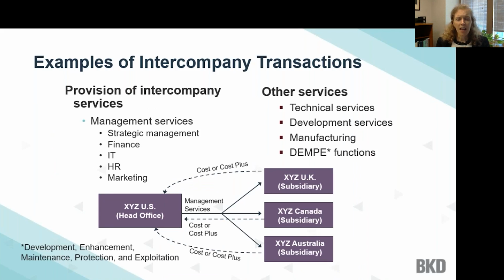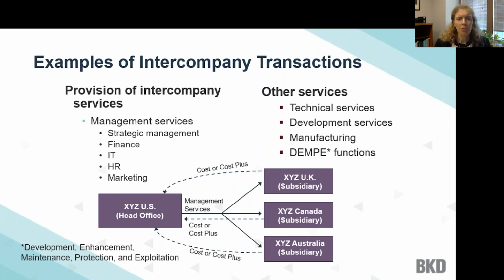Okay, then another type of intercompany transaction that we look at is management services and other services, but management services is by far the most common type of intercompany services transaction our group analyzes. So in the depiction below, we have a US headquarters that is providing management services to its UK, Canadian, and Australian subsidiaries.